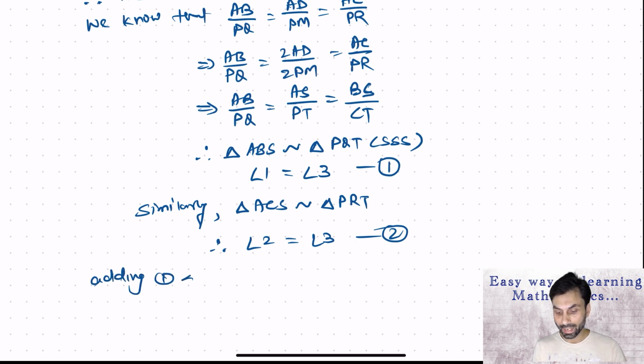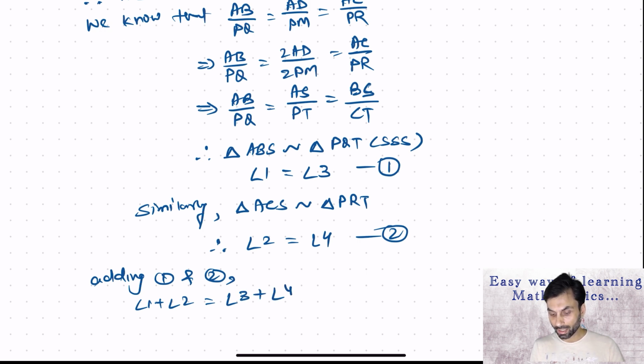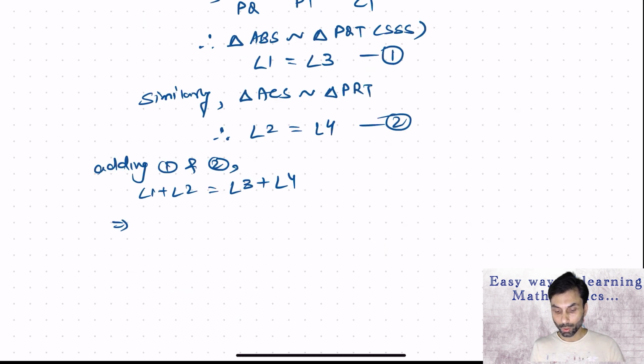Now adding first and second, we'll get angle 1 plus angle 2 equals angle 3 plus angle 4, which gives us angle BAC equals angle QPR.